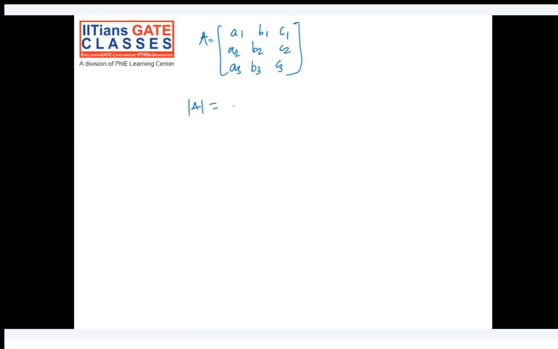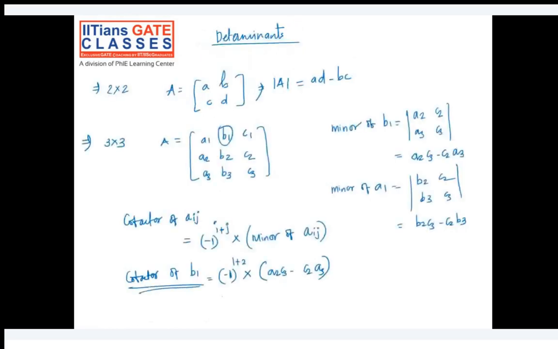Capital A1 is the cofactor of small a1. So the cofactor of B1 we generally write as capital B1. Similarly, the cofactor of A1 is written as capital A1.